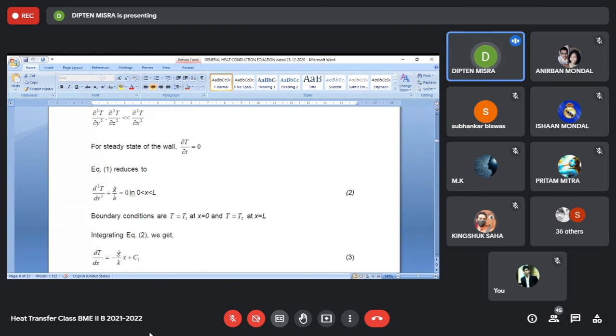And if you see, to solve this problem, we don't require to know the thermal diffusivity. We require to know the rate of internal heat generation and the thermal conductivity of the body. If you have two bodies having the same conductivity, the same internal heat generation, but two different values of alpha, the thermal diffusivity, the solution will be the same.